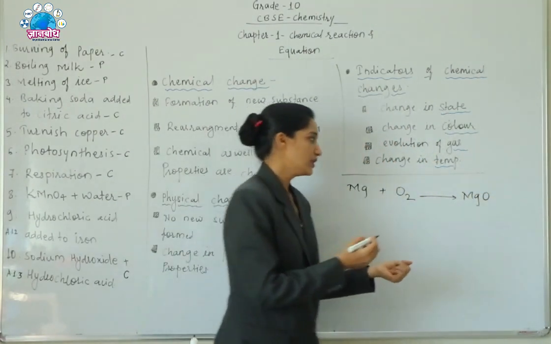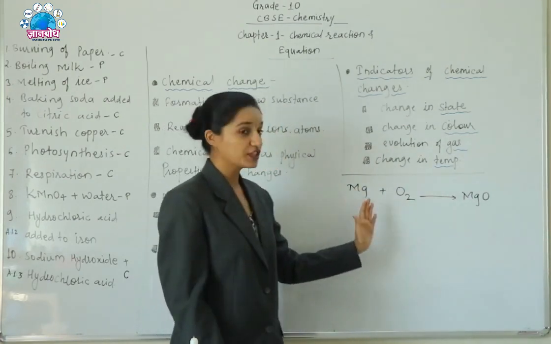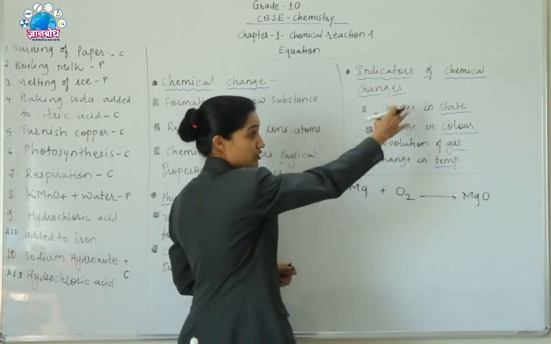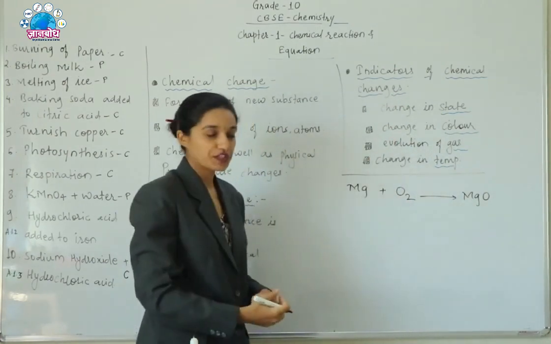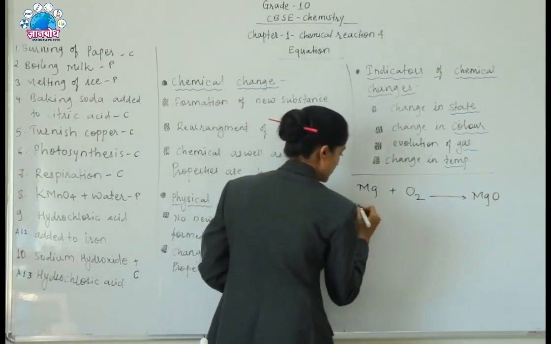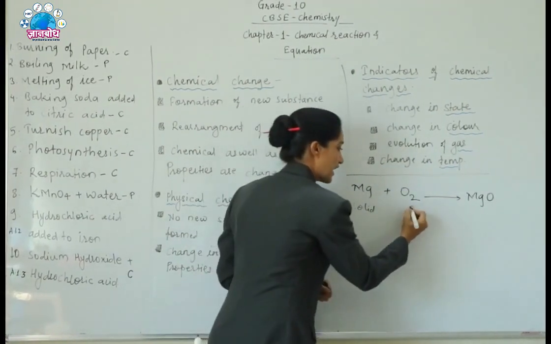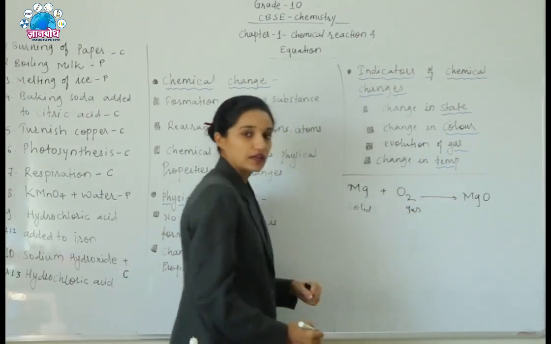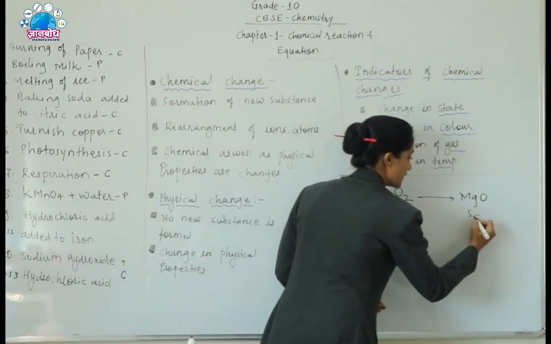Now this is a very simple reaction you can observe here. Okay. So magnesium is solid. I am just explaining to you how all these changes you can observe in a reaction. Now magnesium is solid. Okay. Oxygen is gaseous. And MgO, again we get solid in nature.